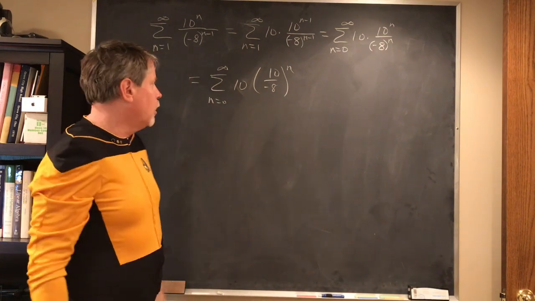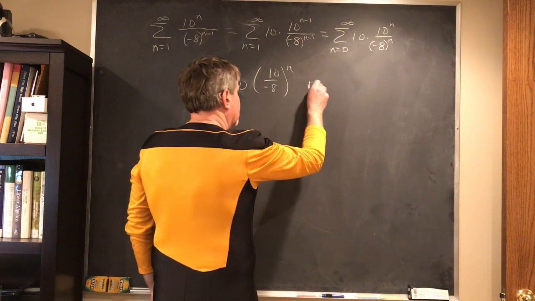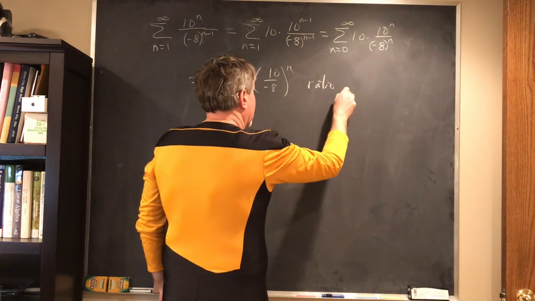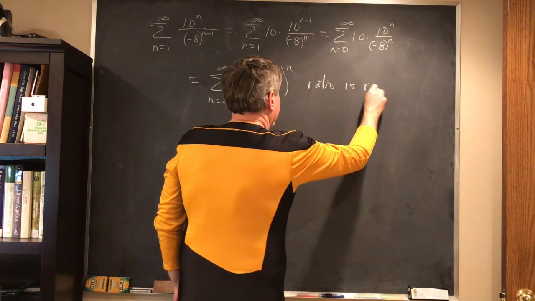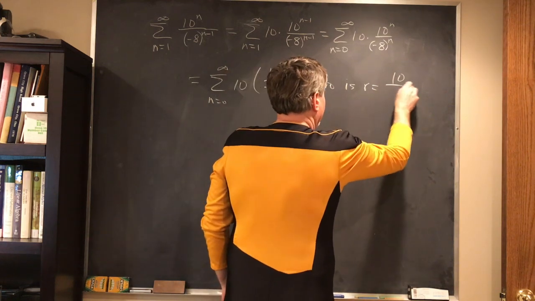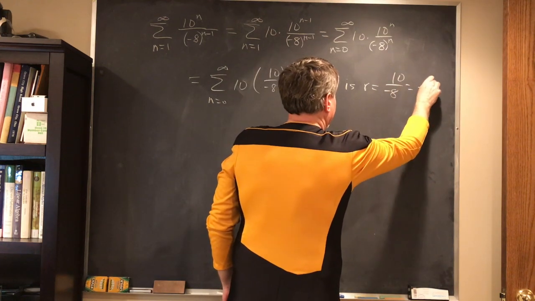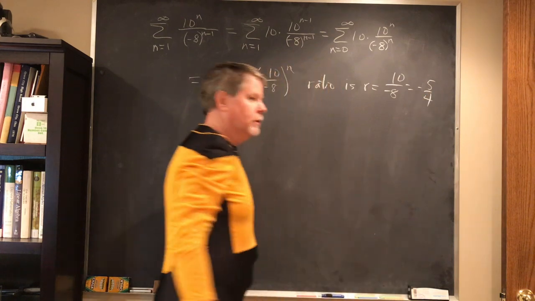Now it's starting to look like our common ratio. So here, the common ratio is r equals 10 over negative 8, or negative 5/4 if we want.